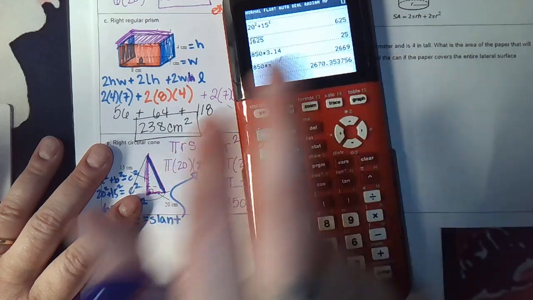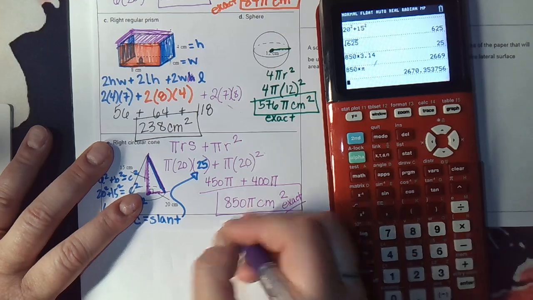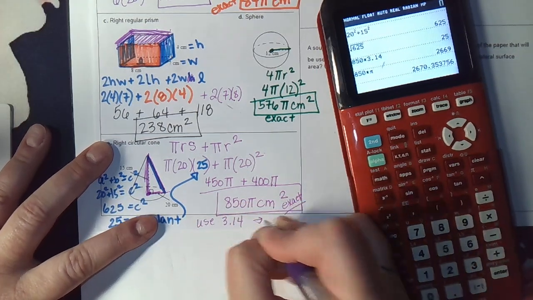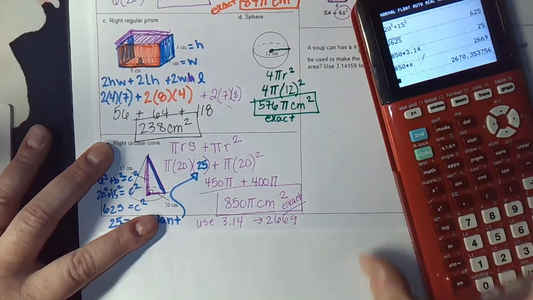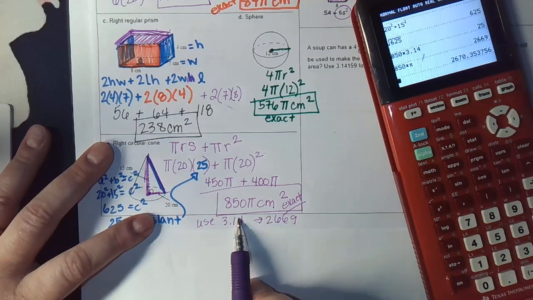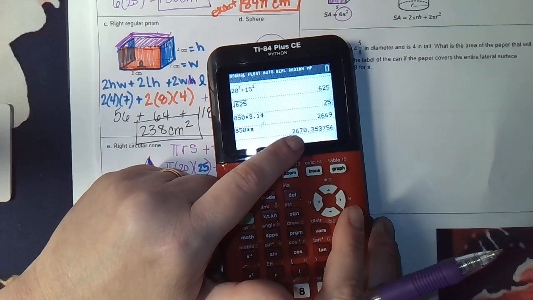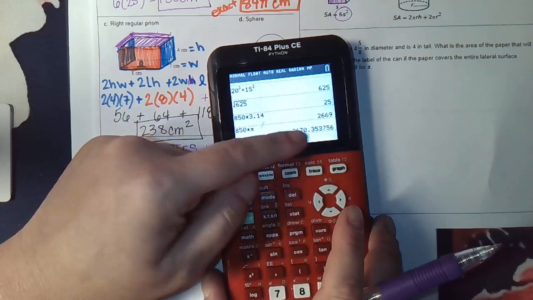Either way, whatever they want you to use. So if your homework says use 3.14, then your answer is going to be 2669. If your homework does not say anything about use 3.14 for pi, then you're going to use this 2670 as your answer, or whatever they ask you to round to.